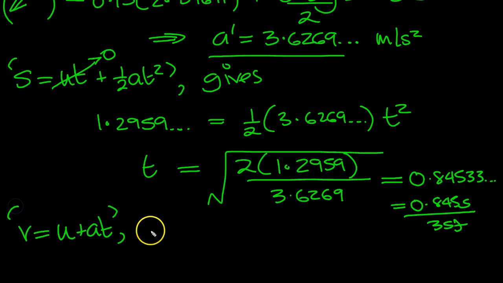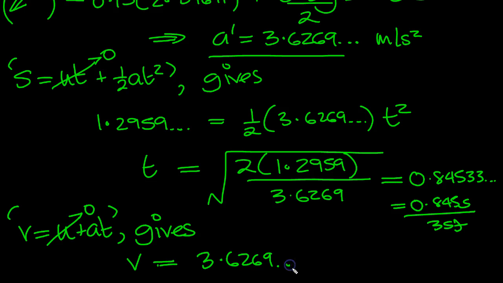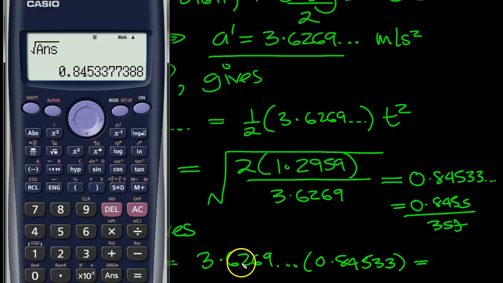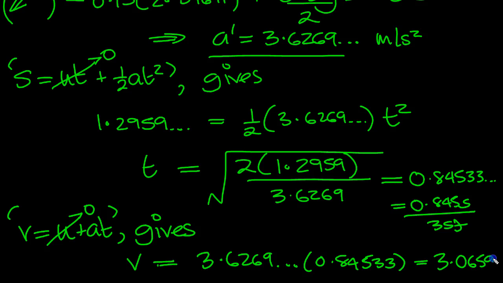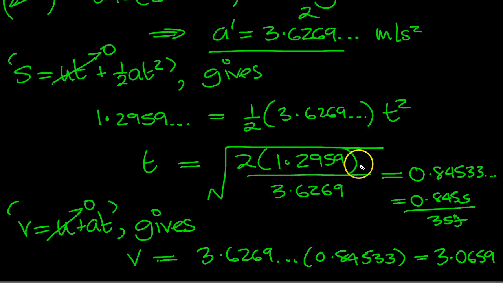Apply that, gives, well, the velocity is v, the initial speed is 0, acceleration is equal to 3.6269, and the time is 0.84533, which we have in the calculator, equals, so we just got to times that by 3.6269 equals 3.0659. So finally then the change in momentum.